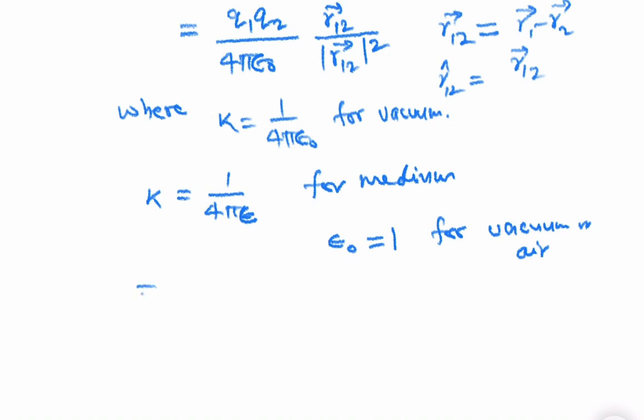Therefore, epsilon divided by epsilon naught is equal to epsilon r, where epsilon r is known as relative electrostatic permittivity.